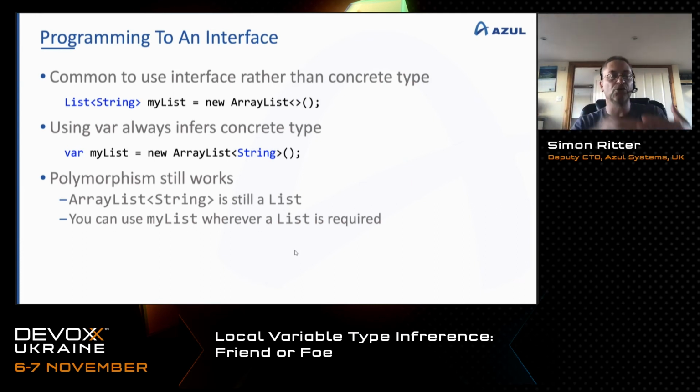But if you're looking at the way that code works, nothing is going to break, because if you're treating it as a list of type string versus an array list of type string, everything still works. So it's very important to understand this. Using var doesn't change polymorphism. It doesn't affect the way your code works. You can still use my list in exactly the same way as before. Treat it as a list of type string, and everything works in exactly the same way.